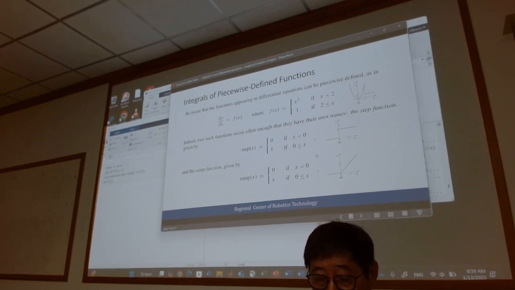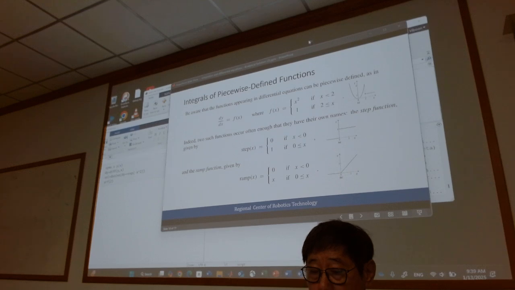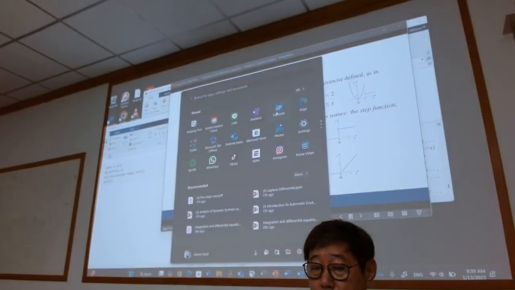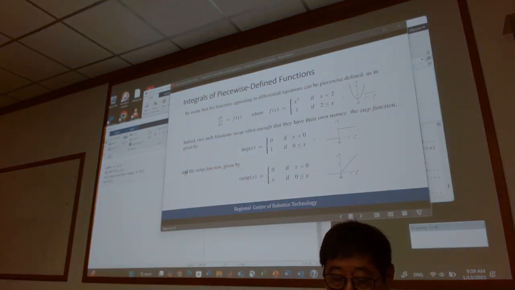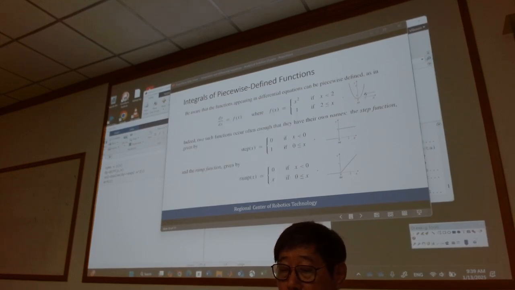Okay, this one. You need to integrate this term, right? Inside this area, and inside this one as well.